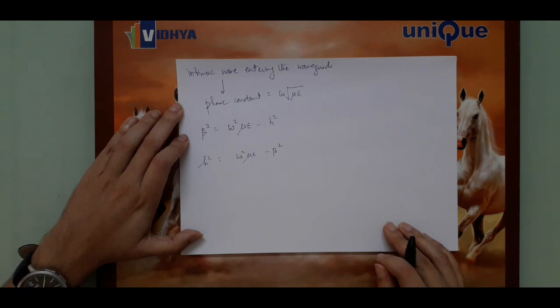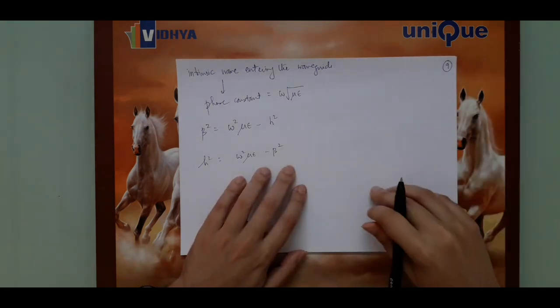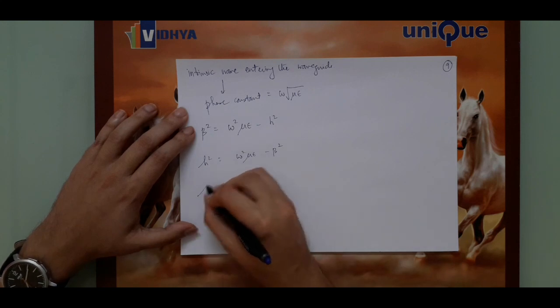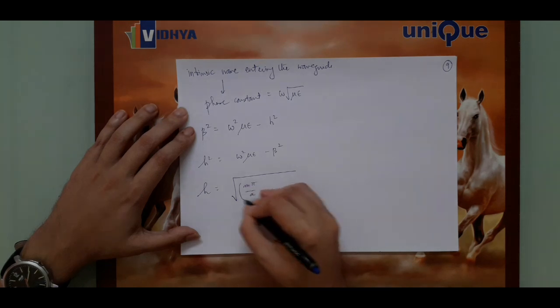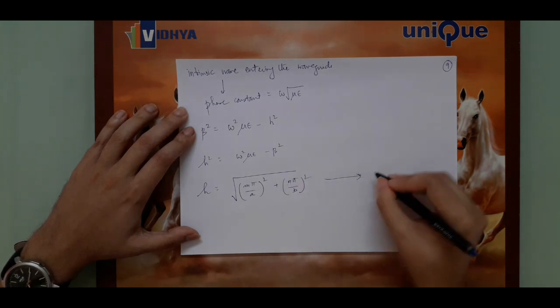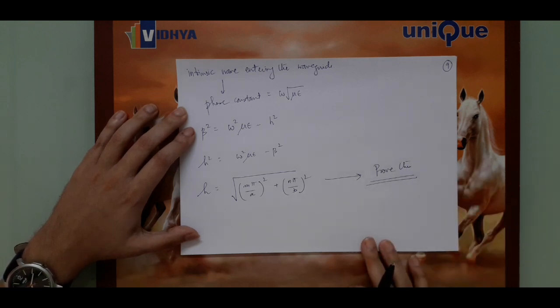By looking at the expressions for the fields that we have derived, you can actually prove that this h is nothing but under root of m pi by a whole square plus n pi by b whole square. Prove this. This is something you need to prove.